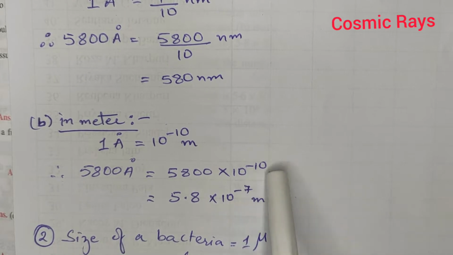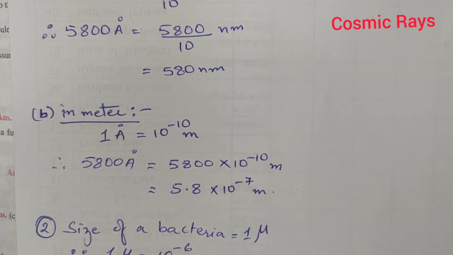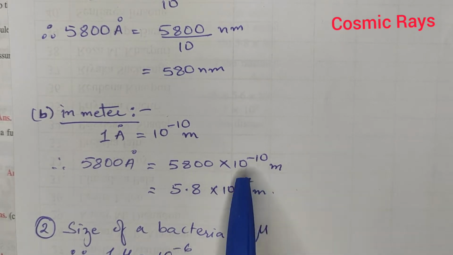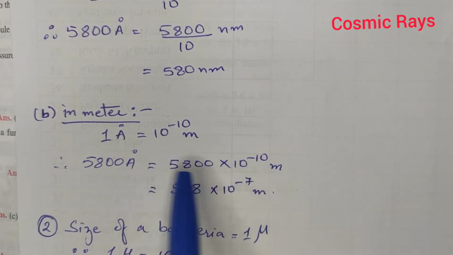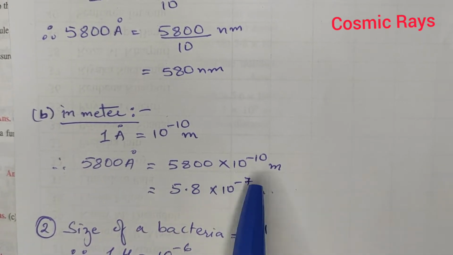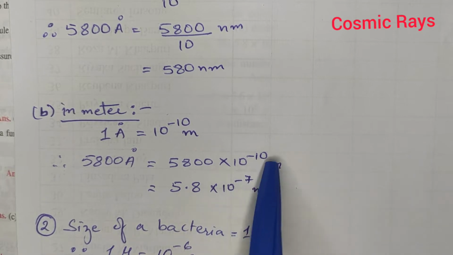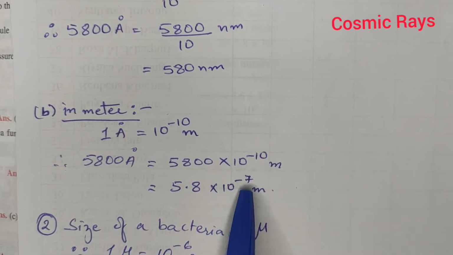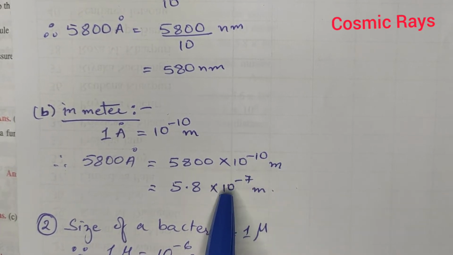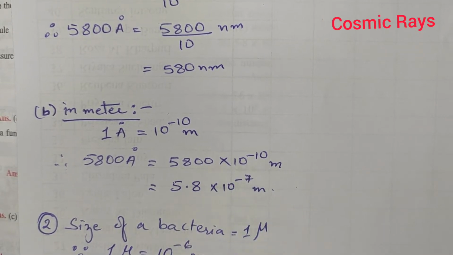So this becomes 10 to the power minus 7. Here 10 to the power minus 10 means 5800 divided by 1 and 10 zeros. So from there 3 will be used to put this point, and that is how from 10 we are left with 7. So we have 10 raised to the power minus 7 means this number is in denominator.